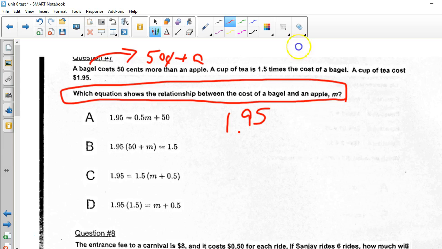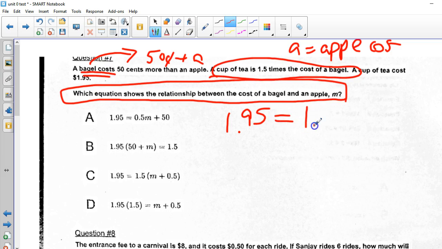So A is equal to the apple cost, and 50 cents plus A is equal to the bagel cost. So a cup of tea costs $1.95, and that's the same as 1.5 times the cost of a bagel, 0.5 plus A. Now I got rid of all the other variables except that one. So which one of these equations works?